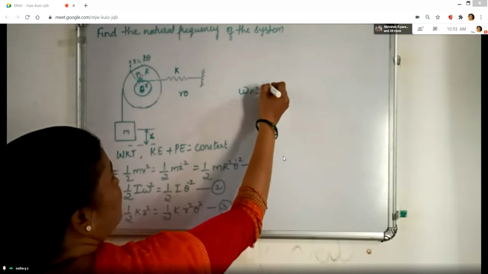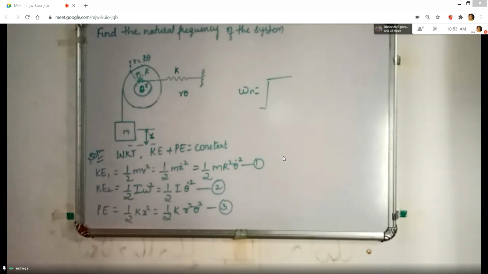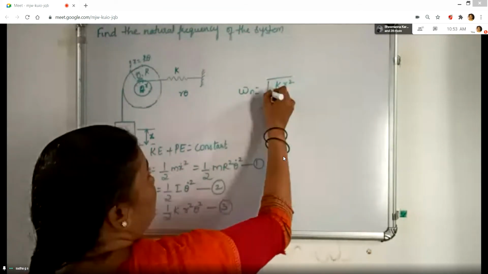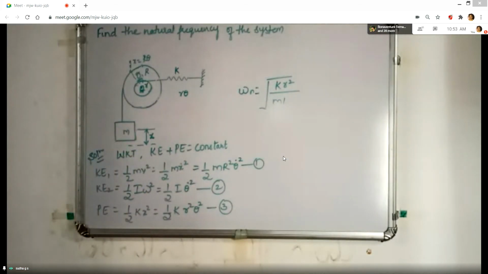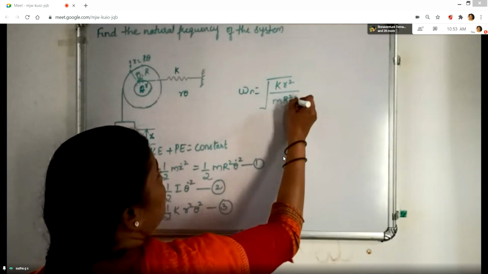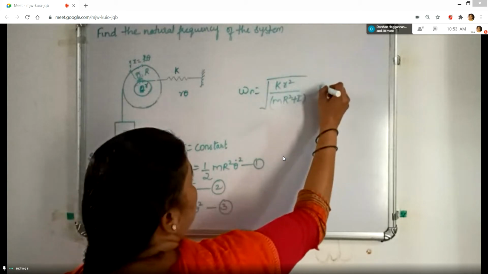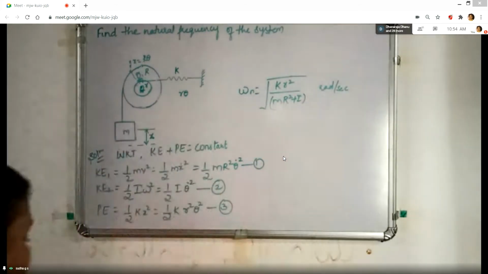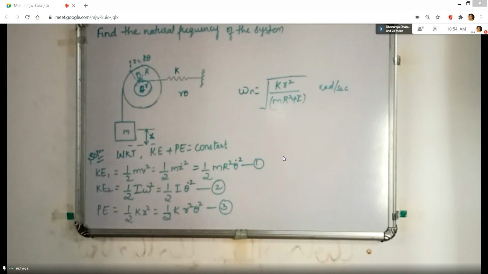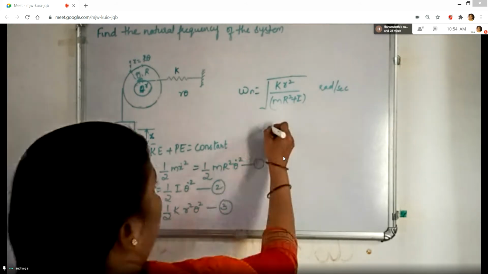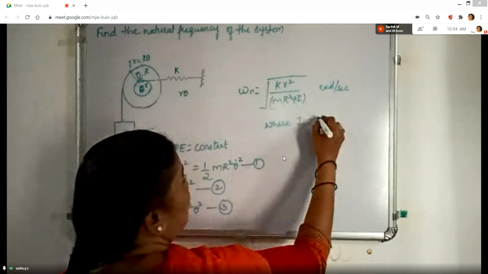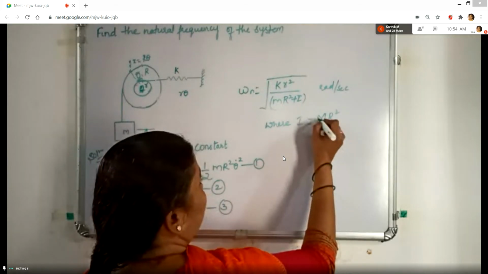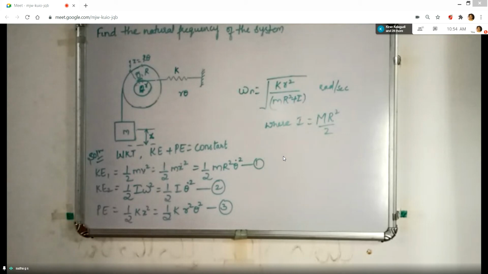Omega n you should get as under the root k r square divided by m r square plus I. Solve this in the similar manner as our previous problem, where I is the mass moment of inertia, and I is equal to mass of the pulley m, radius r square divided by 2, I is equal to m r square by 2. Right? I hope you will solve this.